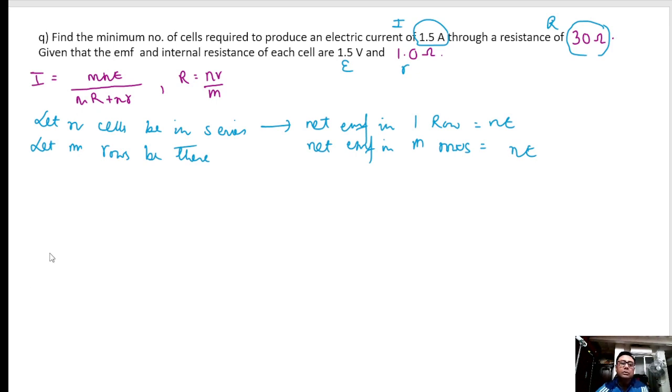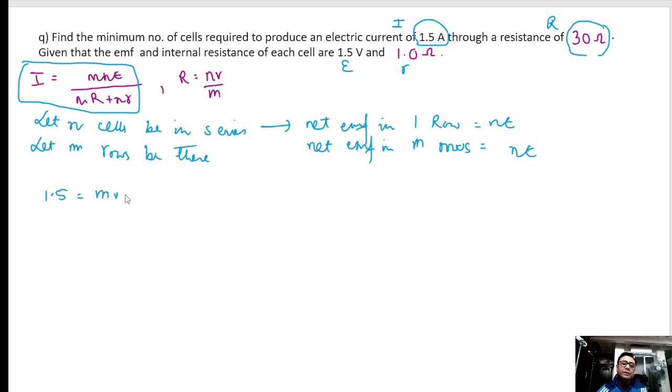So now, total resistance. We have already seen this equation, which we have already taken up from that part. They are telling that I is given as 1.5 ampere. M is the number of rows, I don't know.